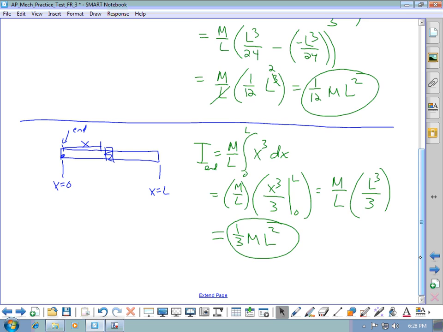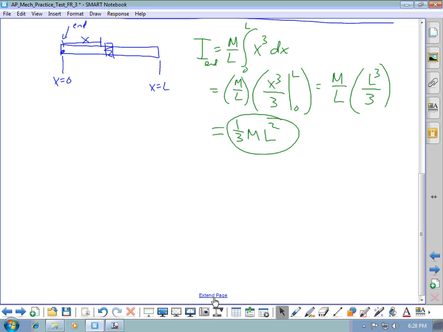And in fact, this could be done for finding the rotational inertia about any point on the rod.